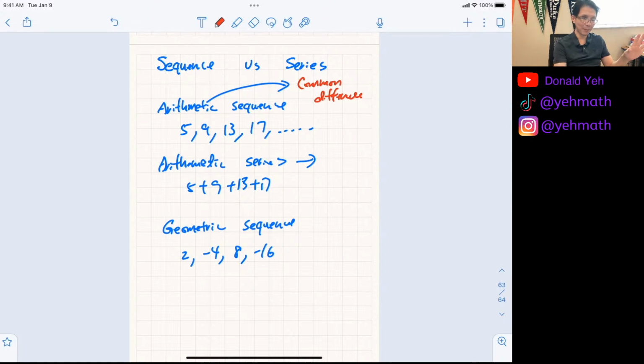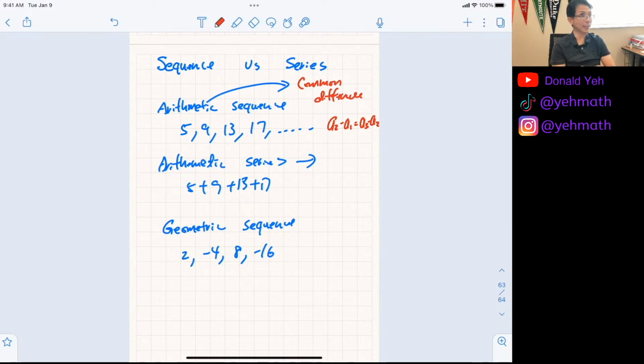Common difference. That means if you do a_2 minus a_1, and a_3 minus a_2, it's the same thing. The second term minus the first term is always going to be the same as the third term minus the second term. Is that okay? So what is the difference with a geometric sequence?